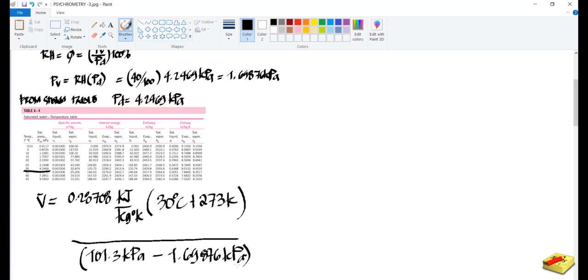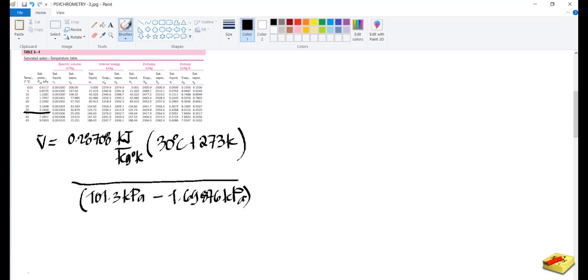Okay, so we have now the specific volume. The value of the specific volume is 0.8733 cubic meter per kilogram dry air.